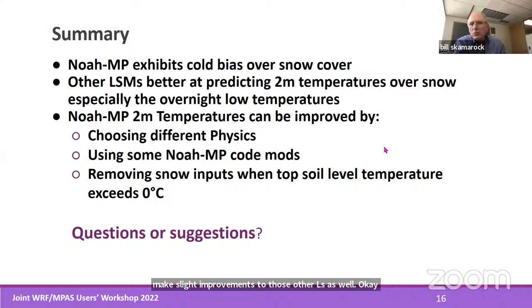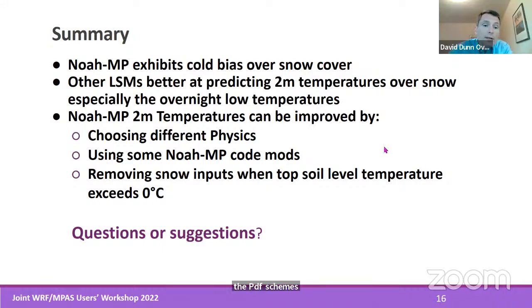Okay, next question is, is the cold bias sensitive to the PBL schemes? Well, there was a slight improvement. That's why going from the YSU to the MYNN was a slight improvement.